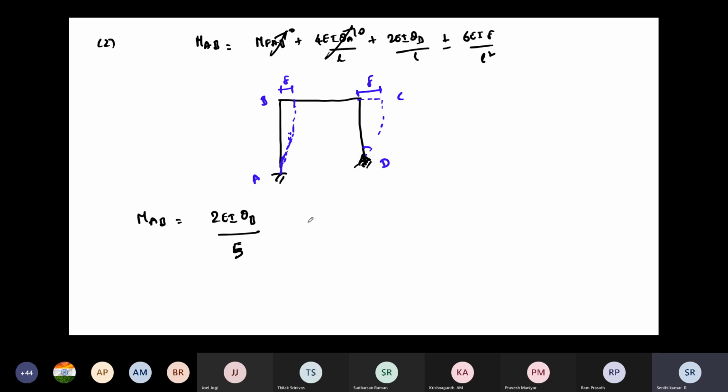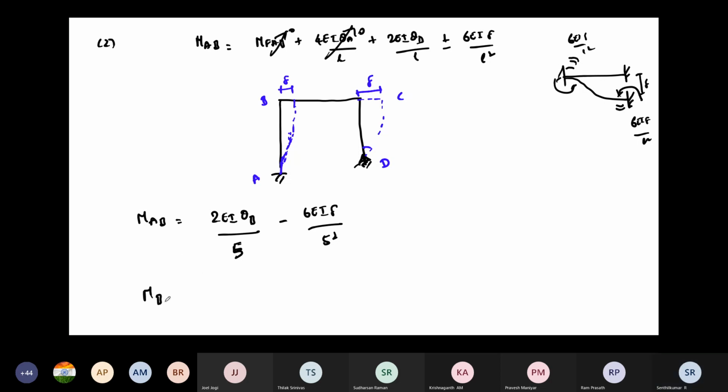Here there will be sagging, and there will be hogging due to the delta. So this will be 6EI delta by L square. This is anticlockwise, and this is also anticlockwise, so no issues. Both will be minus 6EI delta by 5 square. So this is the equation for MAB.